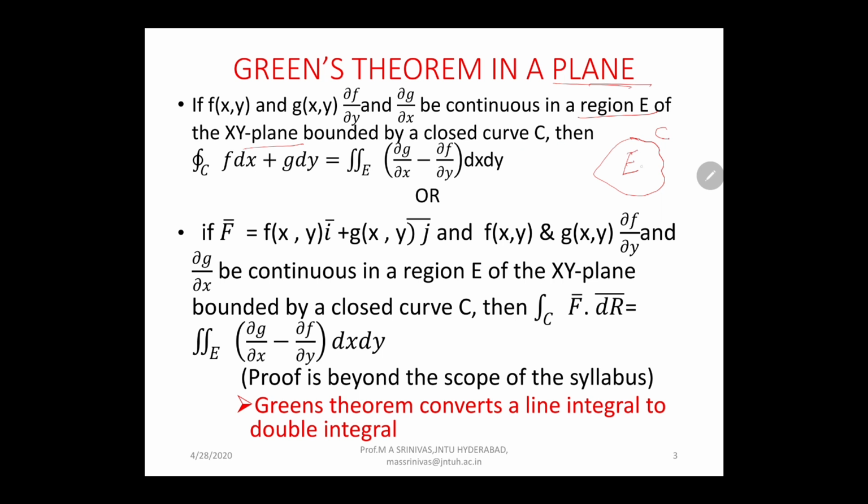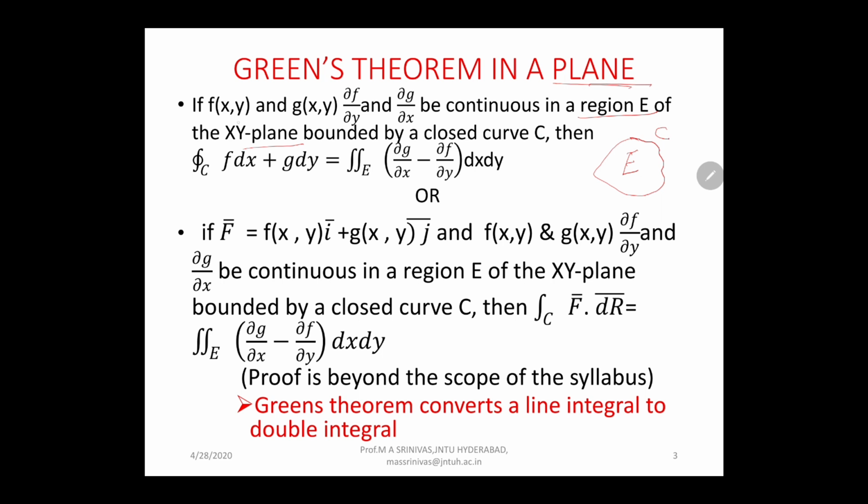In the previous two lectures, I taught how to find the line integral of a vector point function. And in the third unit, we learned double integration over a region E. Those two we learned, and this theorem combines those two.